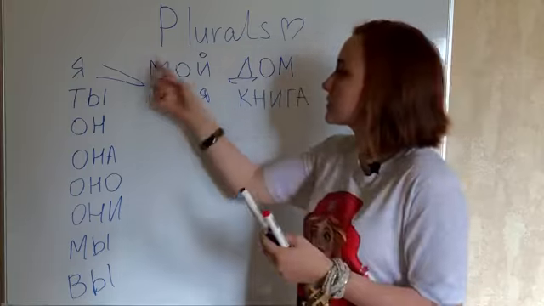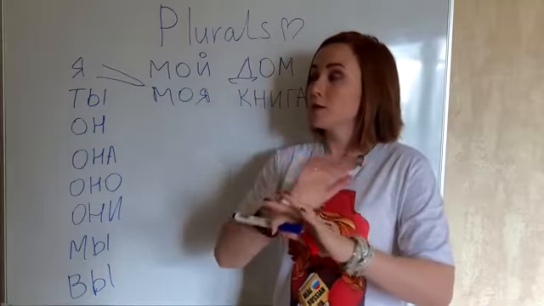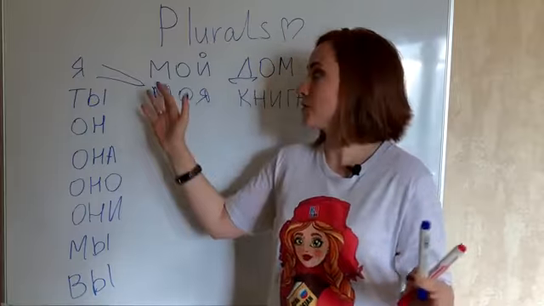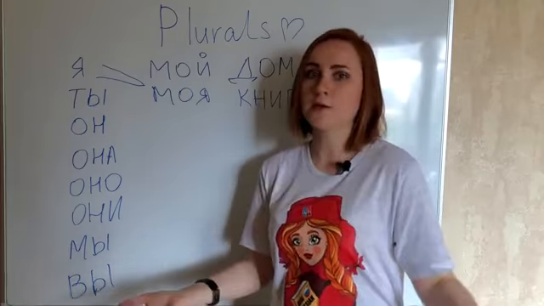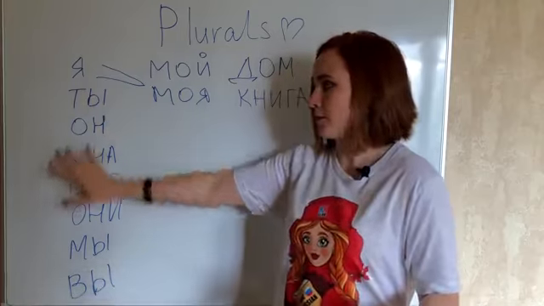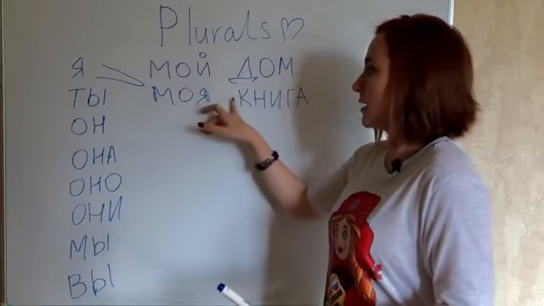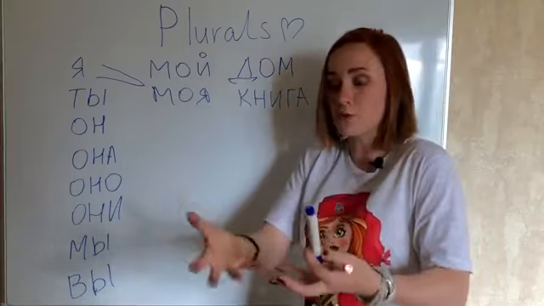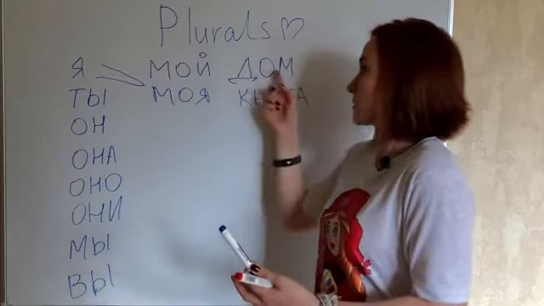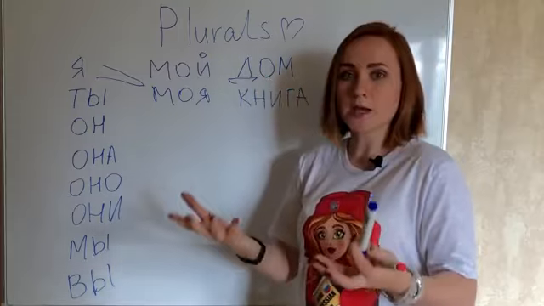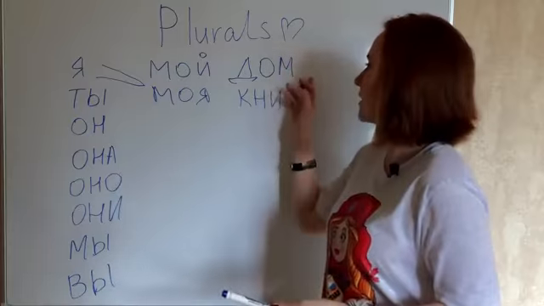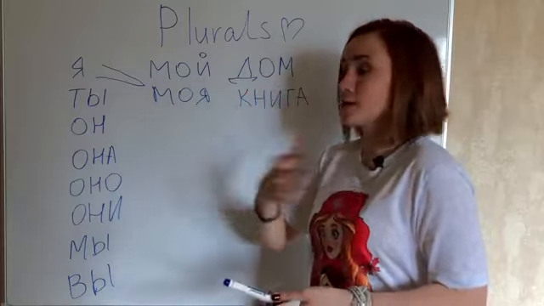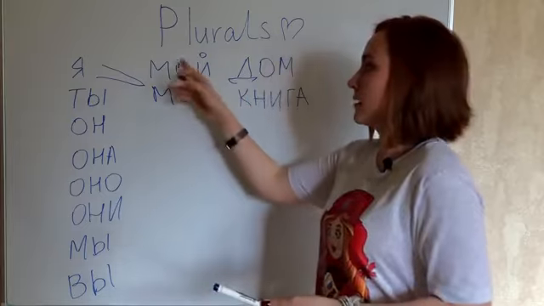So, possessive pronouns have nothing to do with who you are. Male, female, doesn't matter. It only depends on the gender of what you're talking about. So, a house is male, masculine. Дом, so it's мой дом.